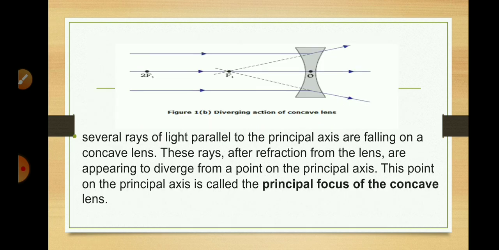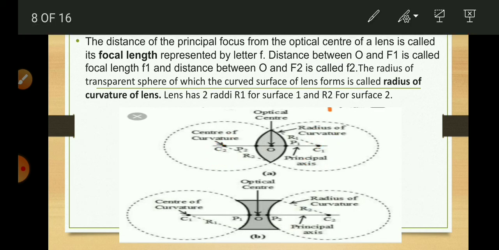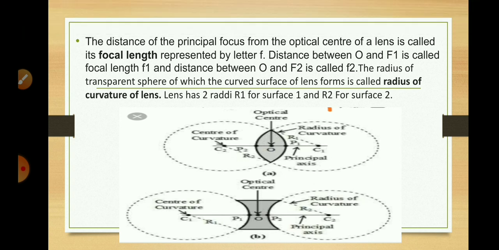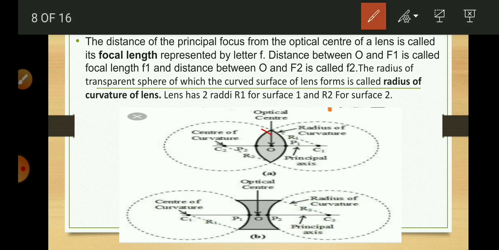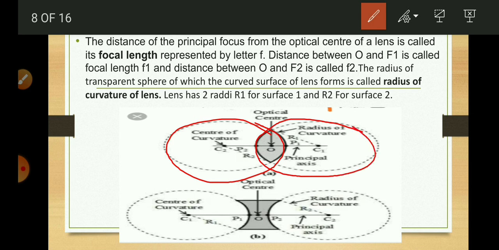We can see in this diagram, center of curvature is the center of transparent sphere from which the lens is formed. So here we are having one sphere and this one is another sphere. When we overlap these two spheres, we get this type of lens, convex lens.